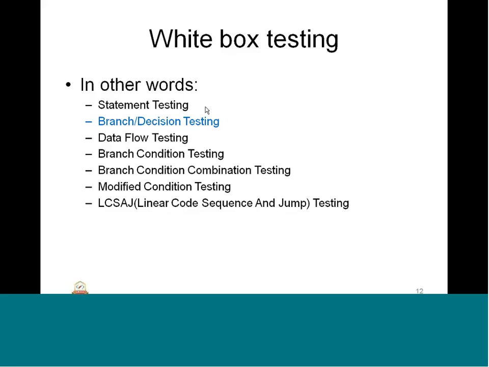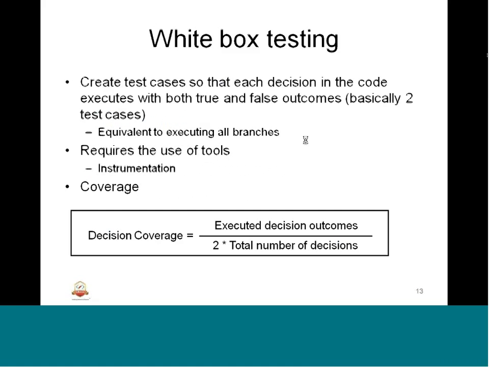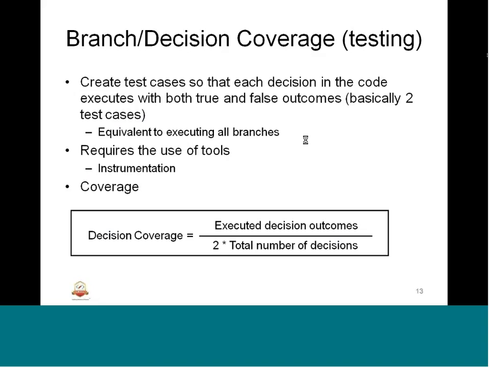The next type of white box testing is branch testing, also called decision coverage or decision testing. So how are we going to do it? Let us see. Here we create test cases so that each decision in the code executes with both true and false outcomes.